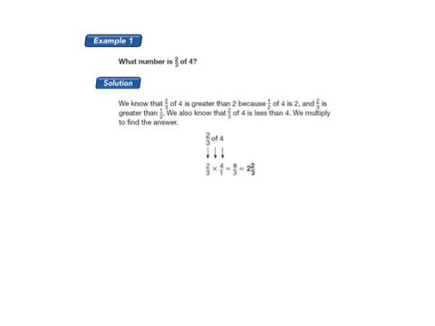So notice, 2/3 of 4, right here, there's our original problem. The 2/3 comes straight down. Okay, we bring that 2/3 down. Of equals times.